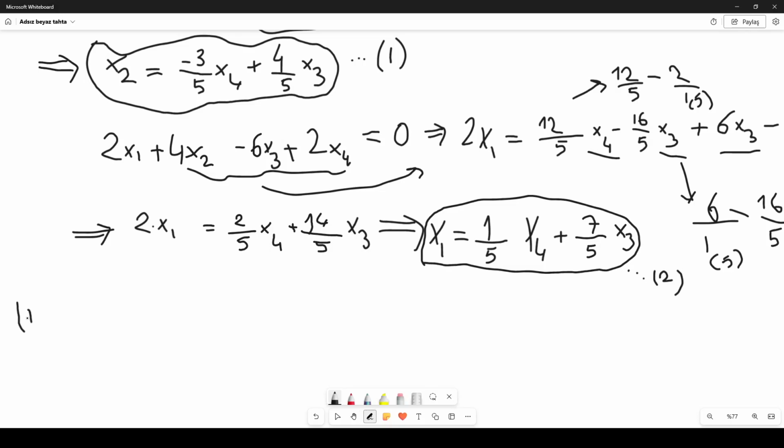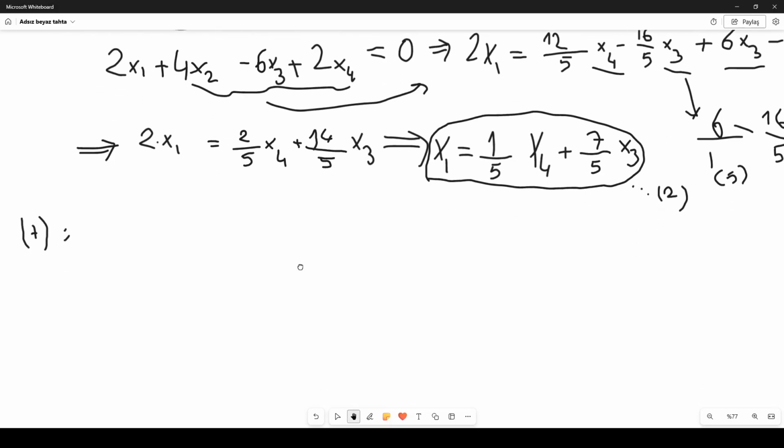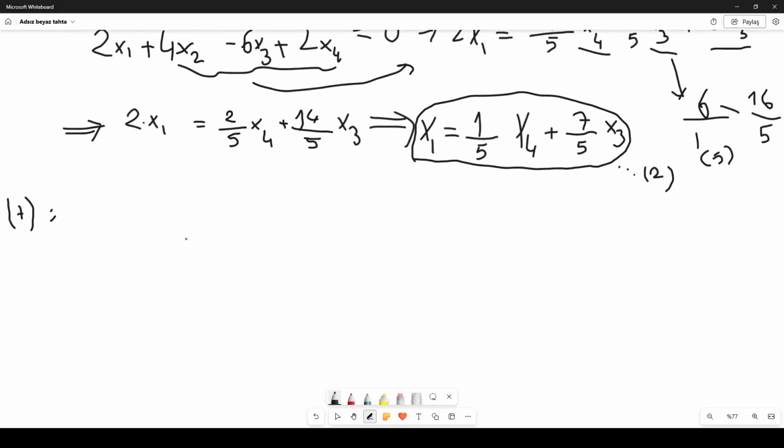In the 7th step, we're almost done, guys. Actually, you know what the solution is? The solution is nothing but a 4-tuple. And for the sake of simplicity and a much clearer and easier representation, let's write our solution in the column matrix form.